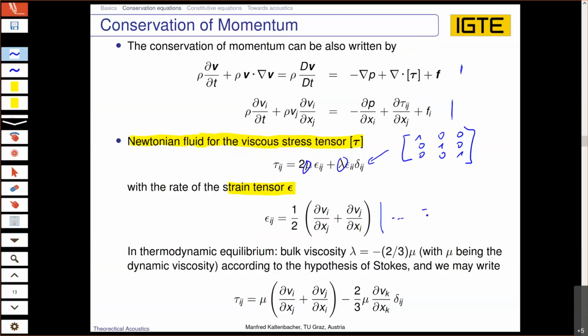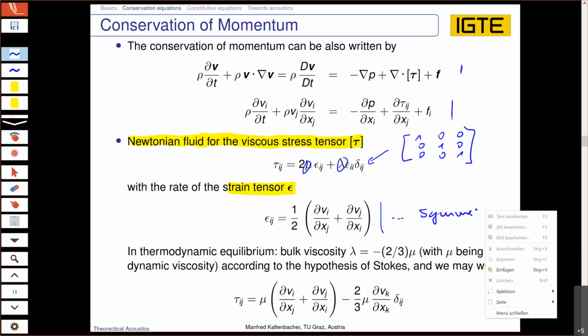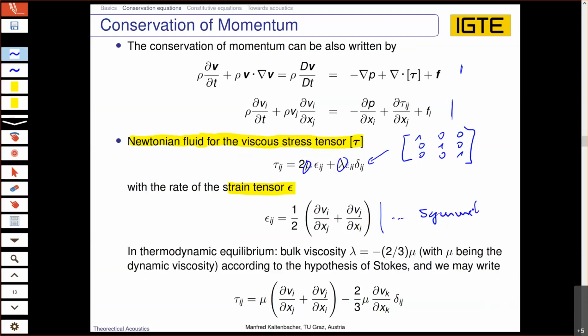So this is symmetric according to this definition.